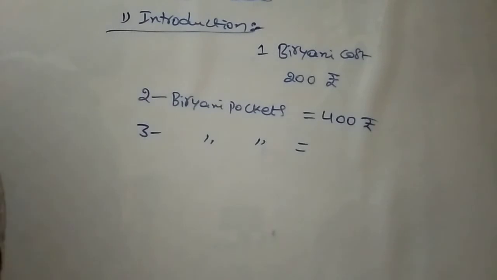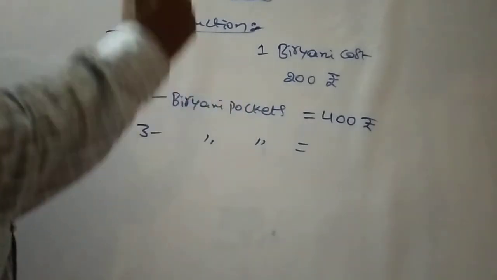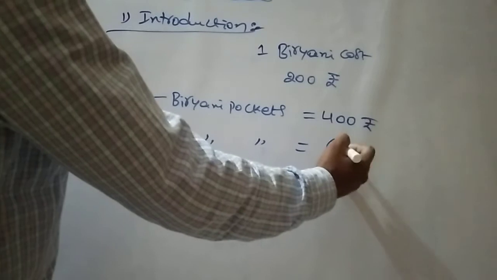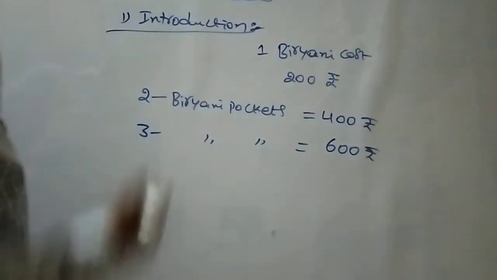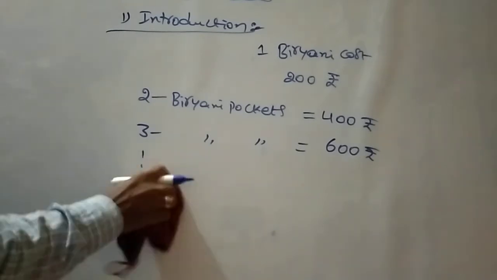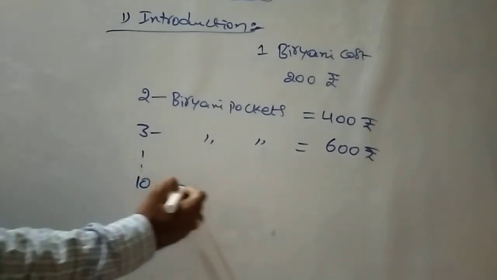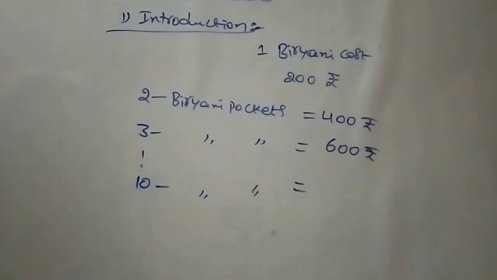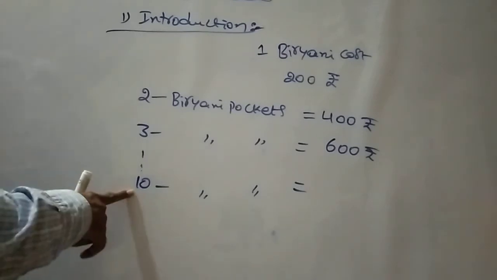How much do you need to pay? 200 plus 200 plus 200, it is 600 rupees. Suppose you want 10 biryani packets. How much do you need to pay? 200 plus 200 plus 200 plus 200, how many times? You need to add 10 times, for 10 biryani packets.